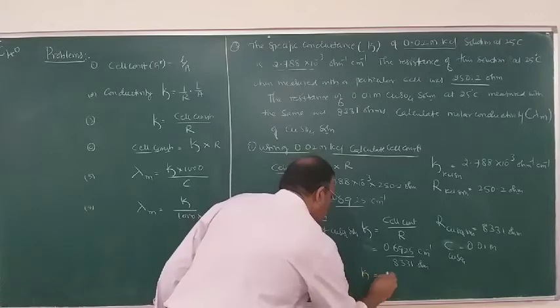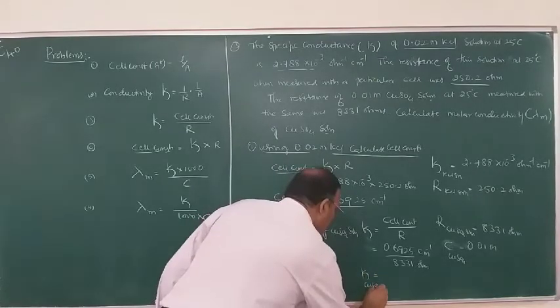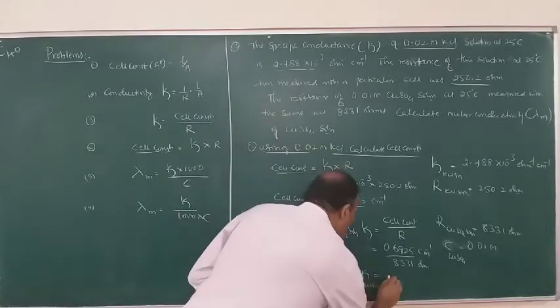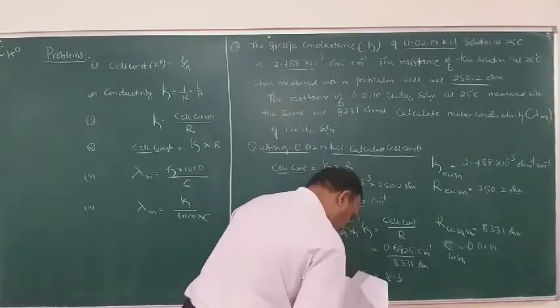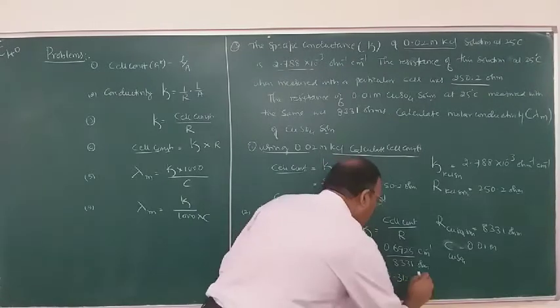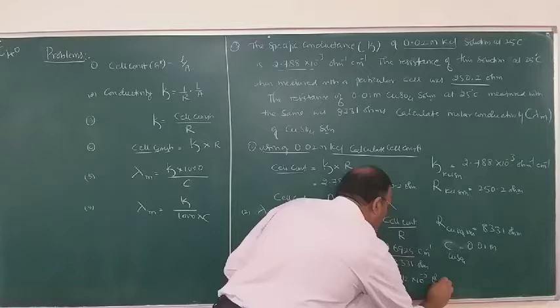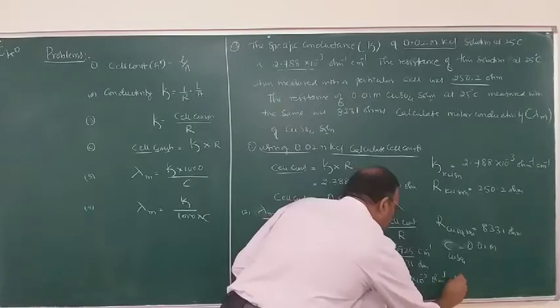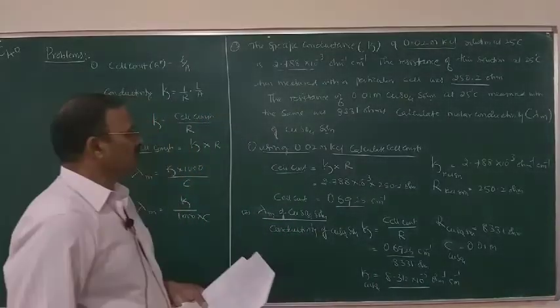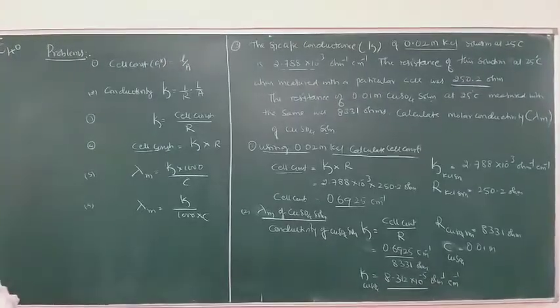Then specific conductance of CuSO4 is equal to 8.312 into 10 to the power of minus 5 ohm minus 1 centimeter minus 1.